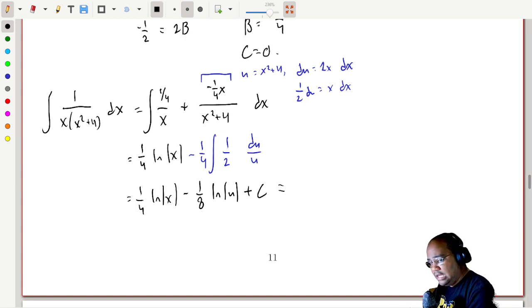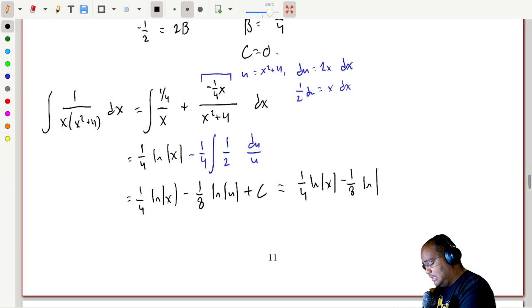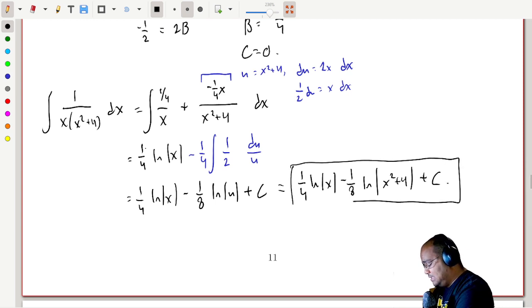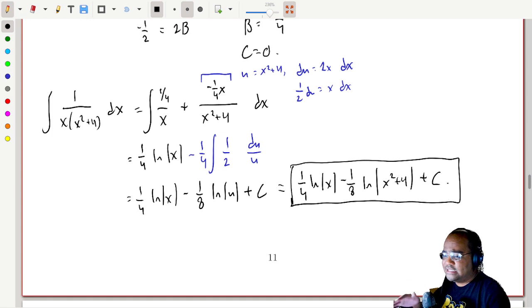And now we just back substitute. 1/4 natural log of absolute x minus 1/8 natural log of absolute, what was u? x squared plus 4 plus a constant. Now, technically speaking, you don't really need the absolute value on that second part there, but to keep it kosher, go ahead and put them there.